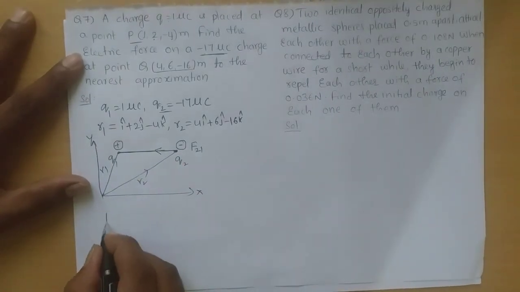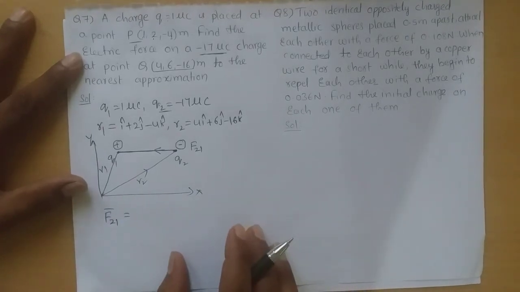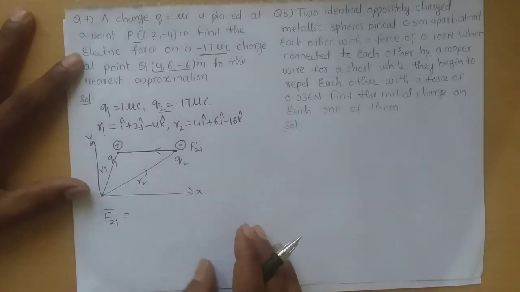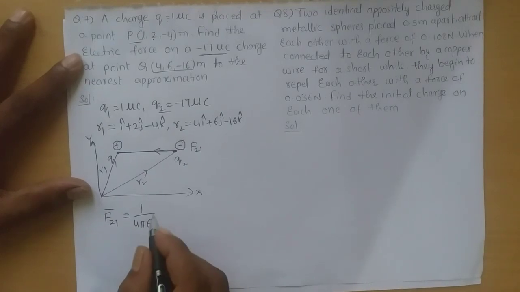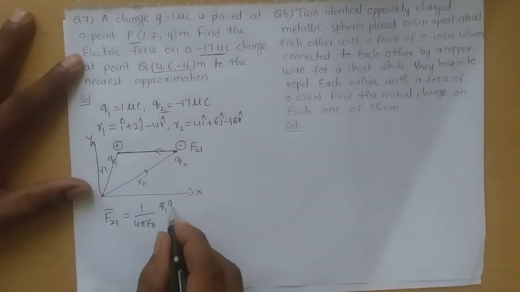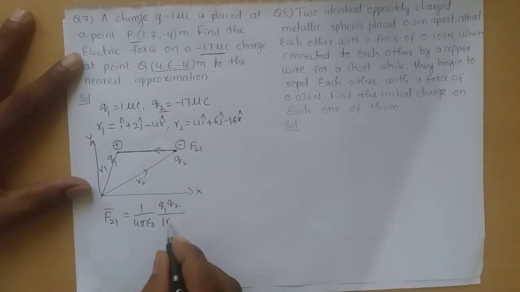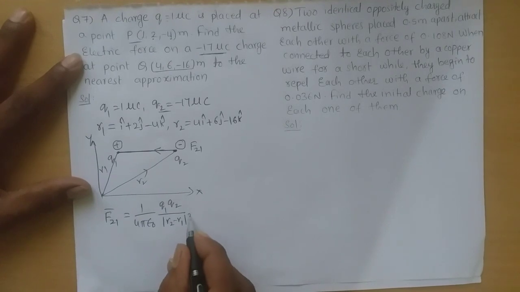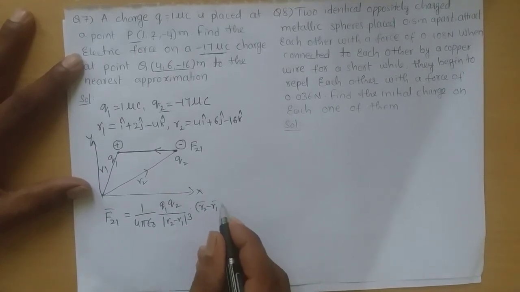So F21, in vector form, I am writing. I already gave the formula: F21 equals 1 by 4 pi epsilon naught, Q1 Q2 by magnitude of (R2 minus R1) whole cube, into (R2 bar minus R1 bar).